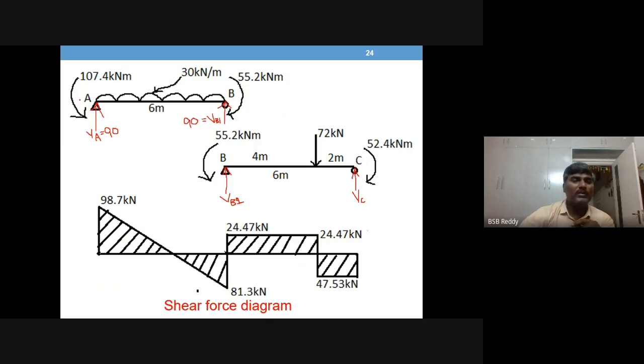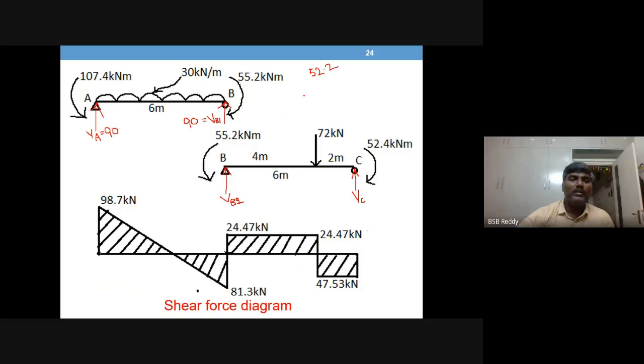Calculate total moment. This is anti-clockwise 107.4, clockwise 55.2. So what happens? 107.4 minus 55.2. So 52.2 is the net bending moment value.